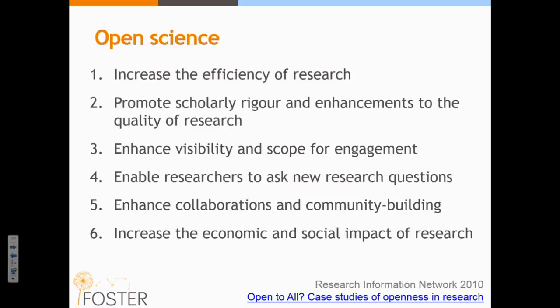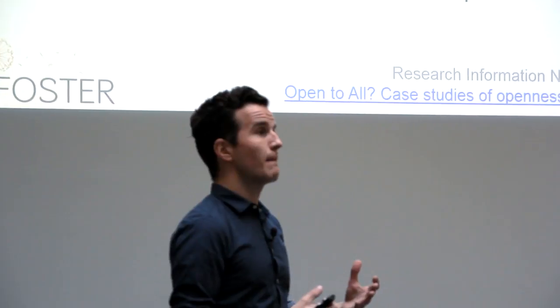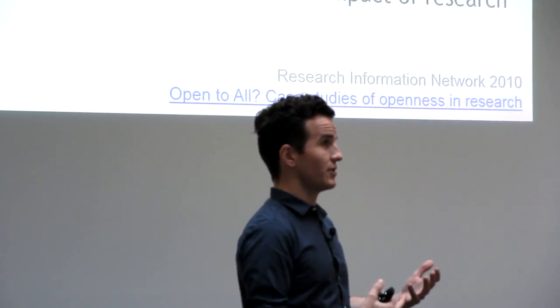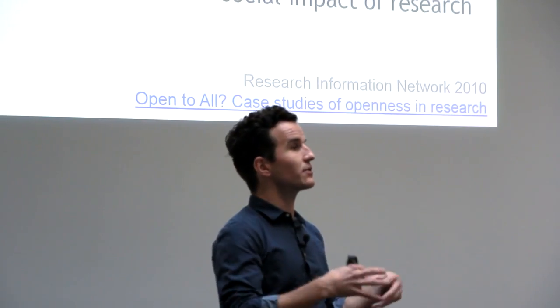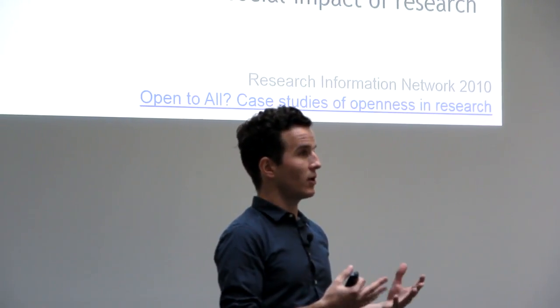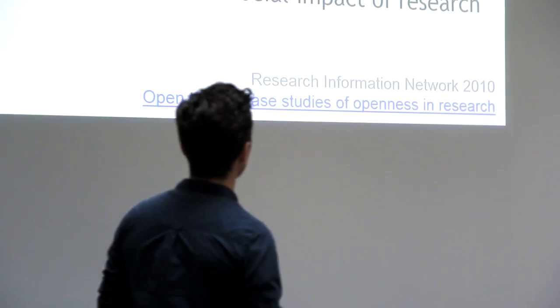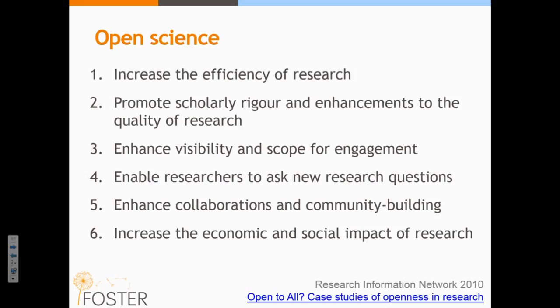The same goes for promoting the scholarly rigor and enhancements to the quality of research. And enhancing the visibility and scope of engagement, as well as increasing the economic and social impact of research, are obviously something that may help you researchers and benefit the rest of the society in this interface between science, policymaking, and the interest of the society.